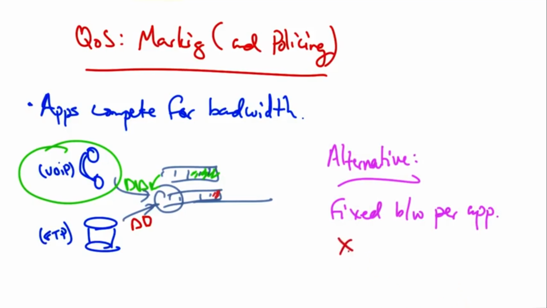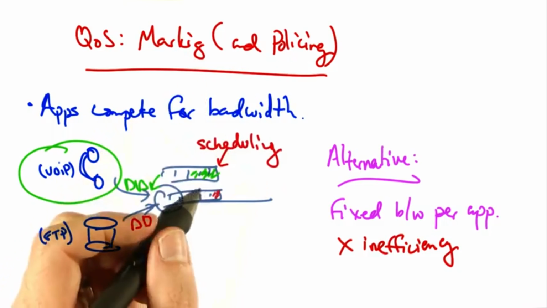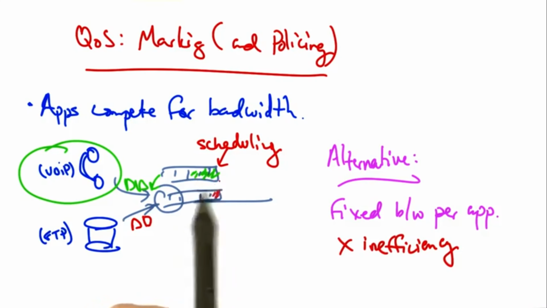But the problem with this alternative is that it can result in inefficiency if one of the flows doesn't fully utilize its fixed allocation. So the idea, in addition to marking and policing, is to apply scheduling. One way of applying scheduling is to use what's called weighted fair queuing, whereby the queue with the green packets is served more often than the queue with the red packets.